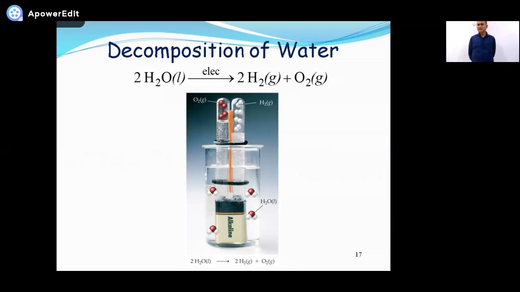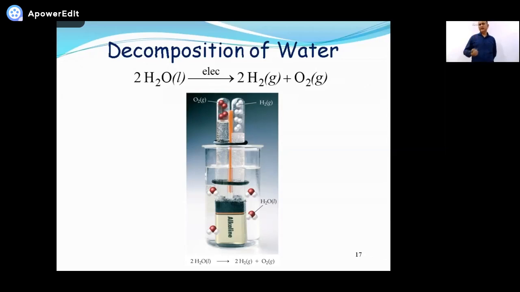So what was that man or all the other men dealing with? They all focus on the electrolysis of water. Electrolysis means passing electricity through a solution.